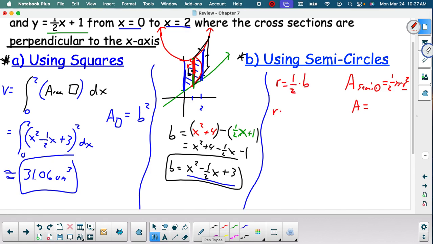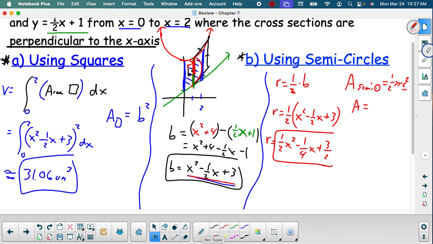In our case, our radius is going to be 1/2 times the whole thing, my base, x squared minus 1/2 x plus 3. Or if you wanted to distribute that, this is 1/2 x squared minus 1/4 x plus 3/2. And so that's my radius right here.